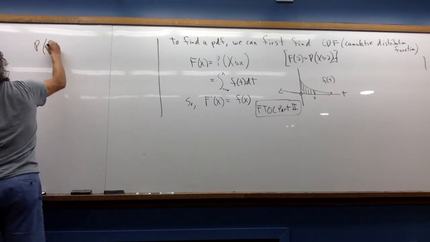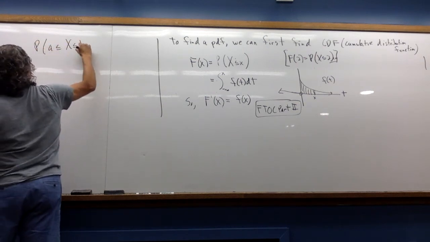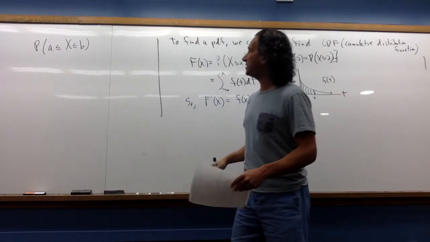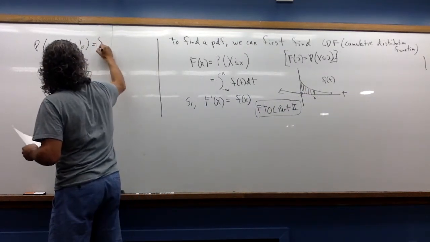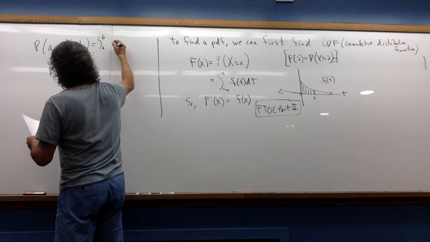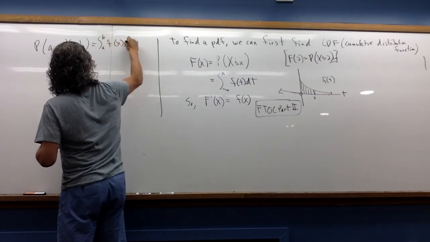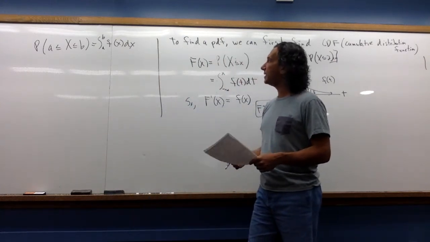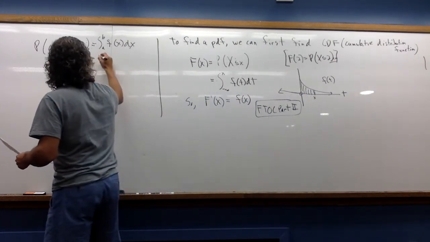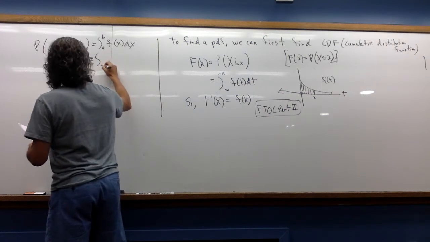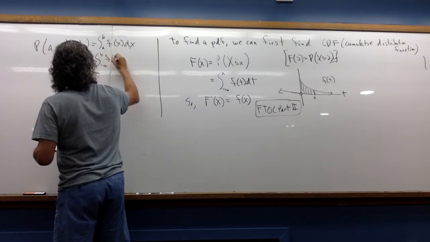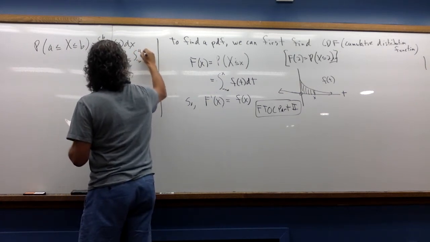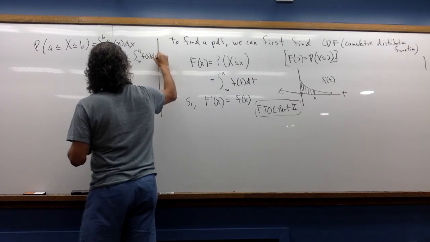If I want the probability that my random variable is between 2 points, so it's on that interval, then I can integrate from a to b f of x dx. Well, that's the same thing as the integral from minus infinity to b of f of x dx minus the integral from minus infinity to a of f of x dx.